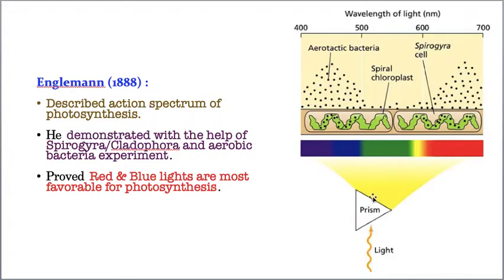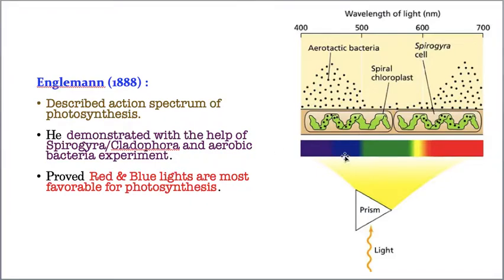Now he added some kind of bacteria into this experiment, and the algae he has taken is cladophora, and next one is spirogyra. Sorry students, by mistake I said it. He used these algae, spirogyra and cladophora. Sometimes he demonstrated with cladophora, sometimes with spirogyra.